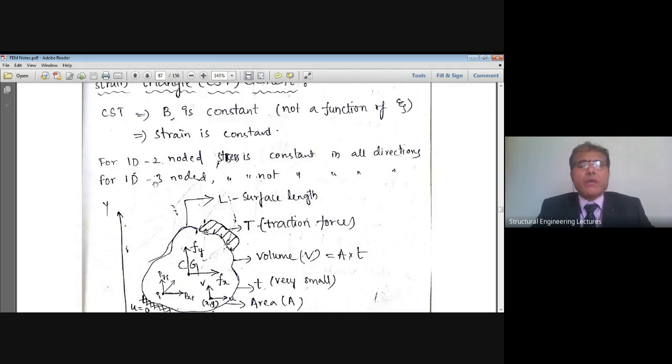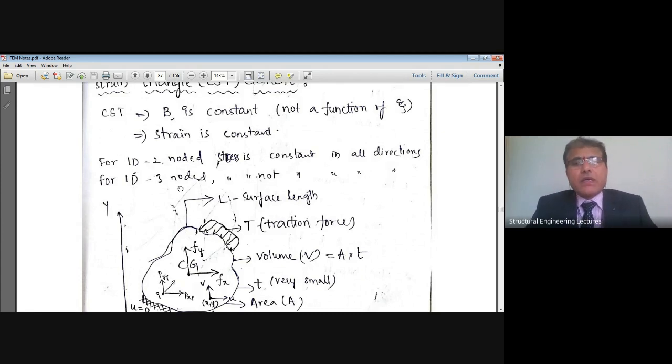However, we also discussed in the 1D analysis that for the three-noded element, the strain displacement matrix was not constant. It depends upon xi: (minus 1 plus 2 xi) divided by 2, (1 plus 2 xi) divided by 2, and minus 2 xi. That is the strain displacement matrix for the 1D three-noded, advanced element, right?